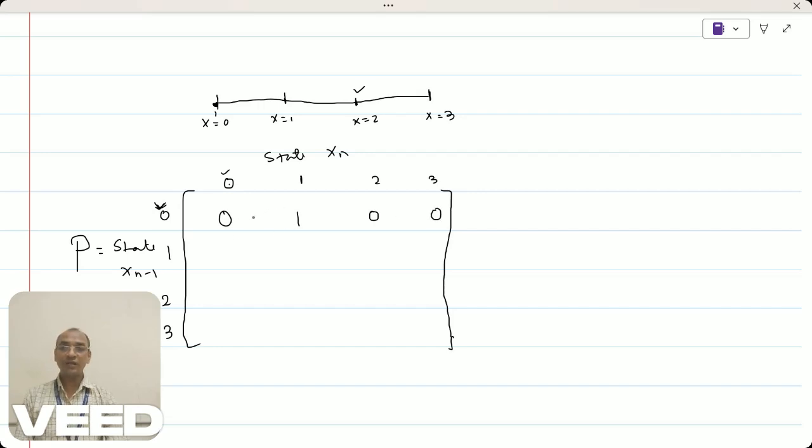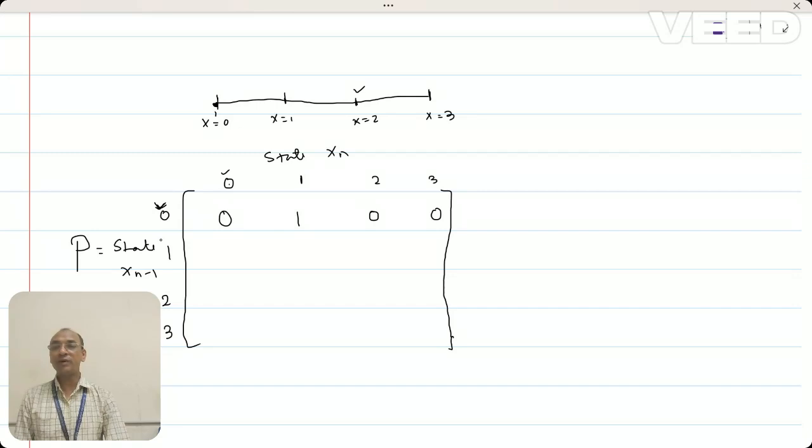Now you see that each element in this row is either 0 or 1. So the sum of the elements in this row should be 1. So 0 plus 1 plus 0 plus 0 is 1, and so it is fine.